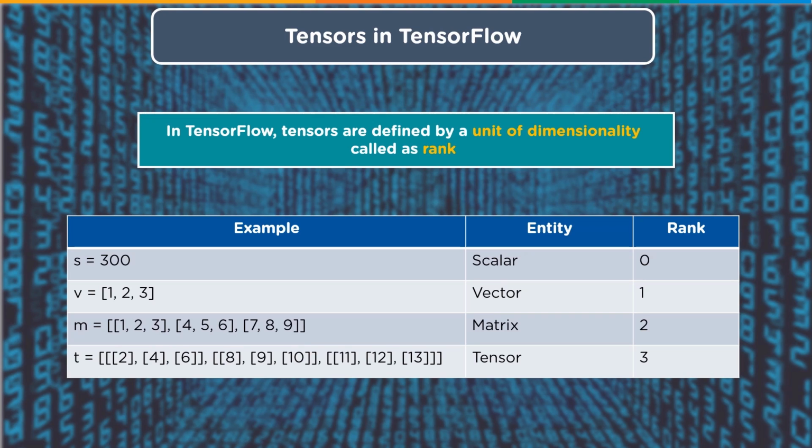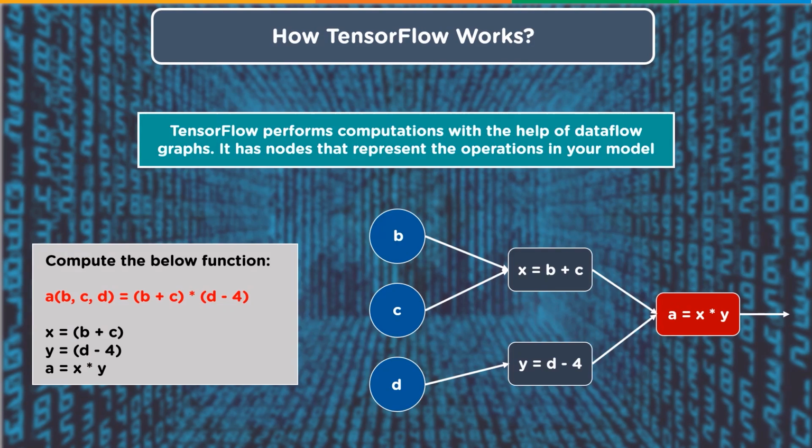And so the next step is to understand how TensorFlow works. If you haven't looked at the basics of a neural network and reverse propagation, that is the basics of TensorFlow, and then it goes through a lot of different options and properties that you can build into your different tensors. So TensorFlow performs computations with the help of data flow graphs.